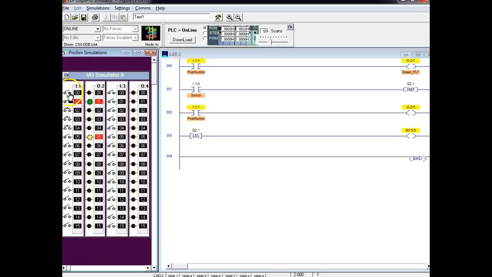See that? One has got to be closed. Let's see, which one is the jump? 1.0.